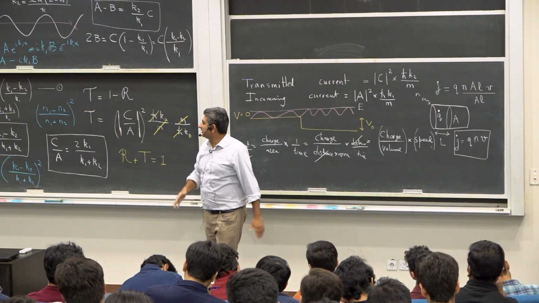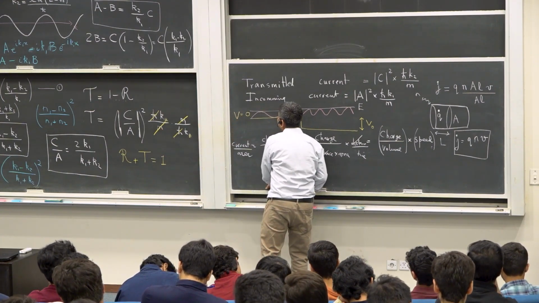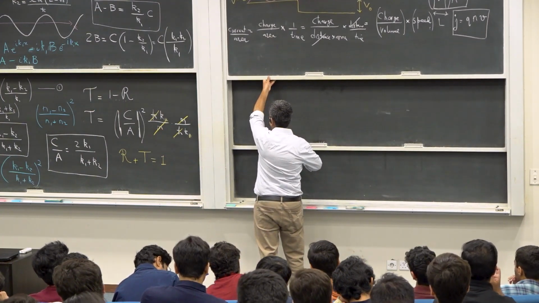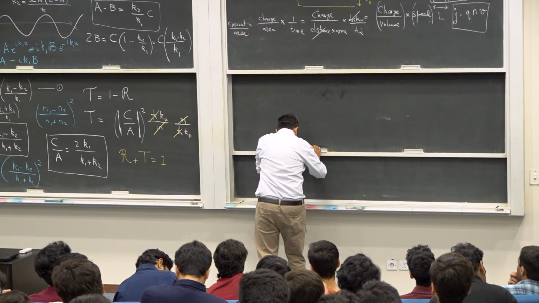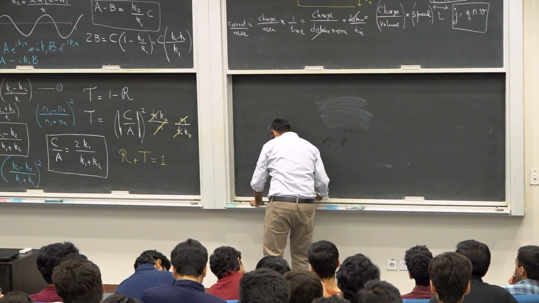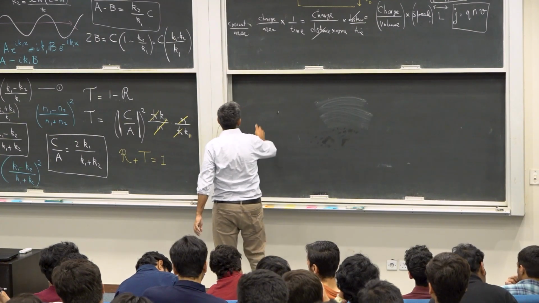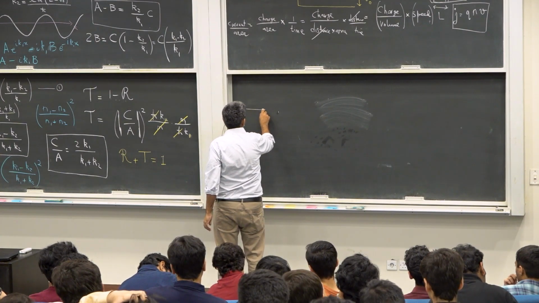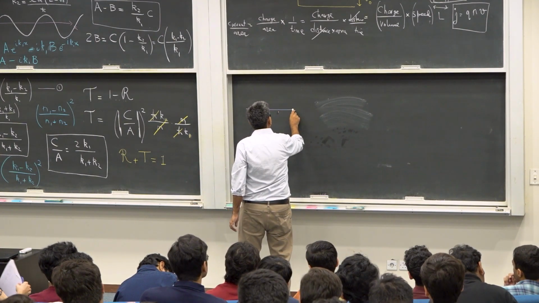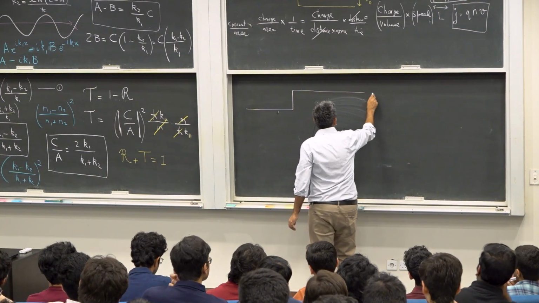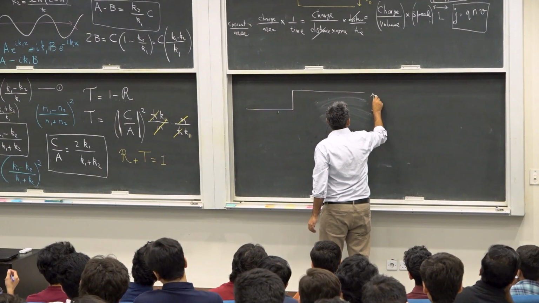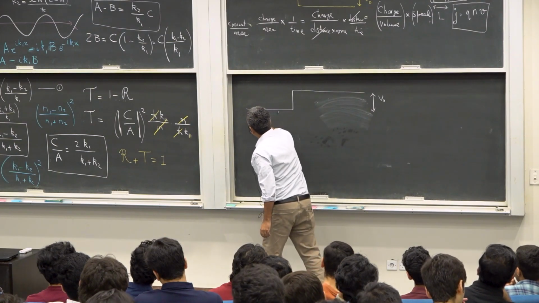But the really interesting scenario is in this potential step. So let me draw another potential landscape. A step of height V naught. Here the potential energy is 0.